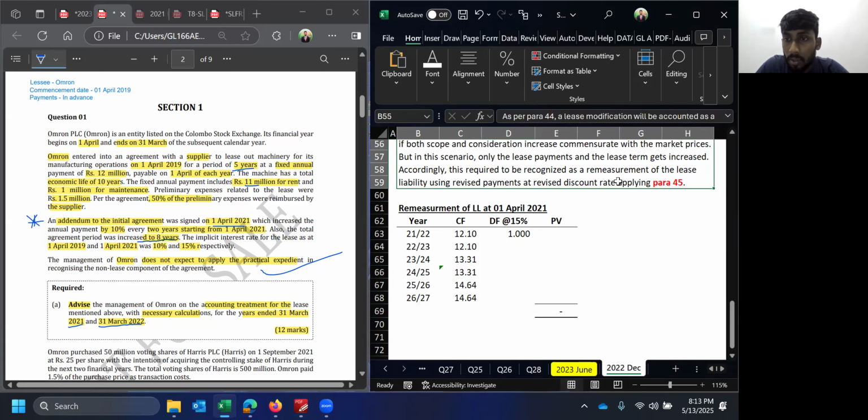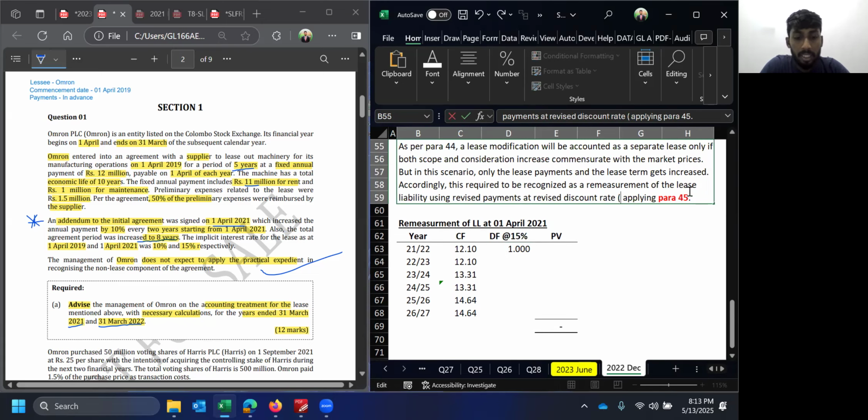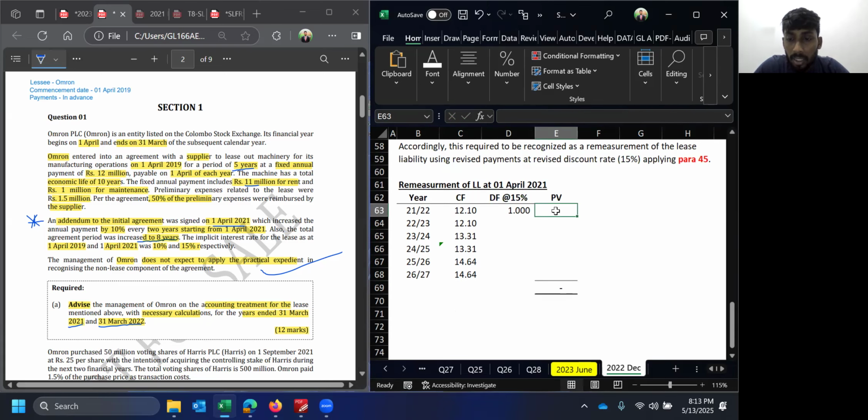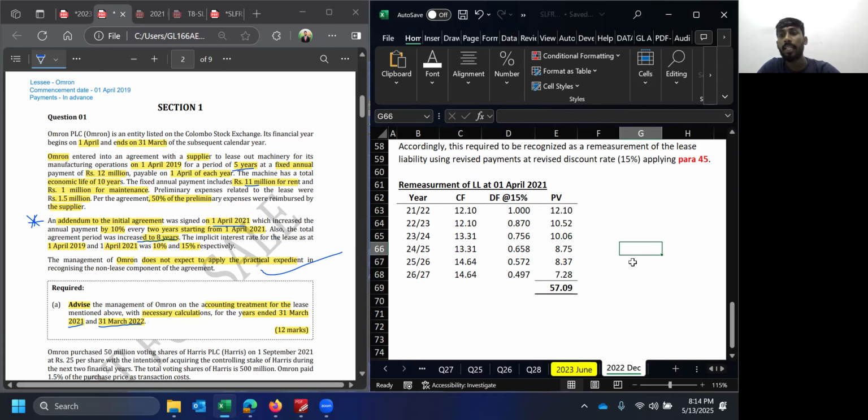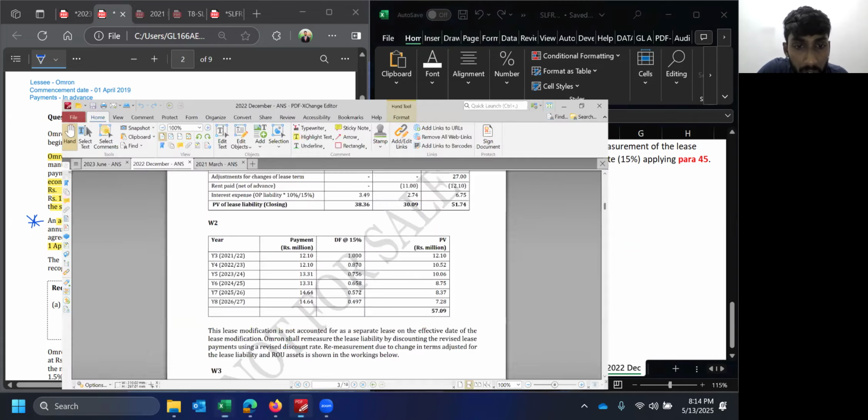Revised discount rate, I will put it here within brackets, 15%. So the present value of the first payment will be the same. Then I need to calculate the discount factor, dividing by 1.15. I apply the same here, and I got 57.09. You also calculate manually and tell me whether you got the same answer.